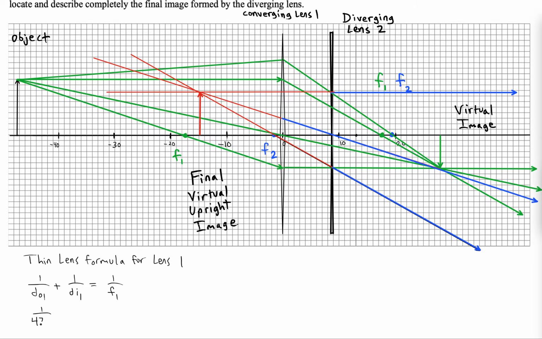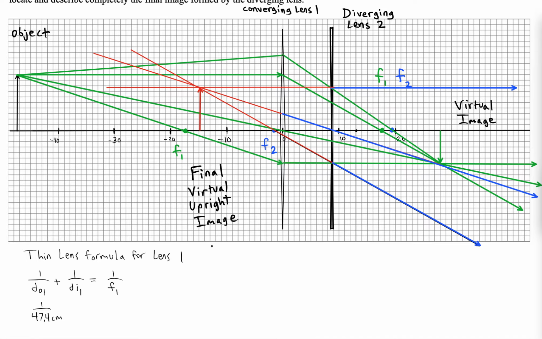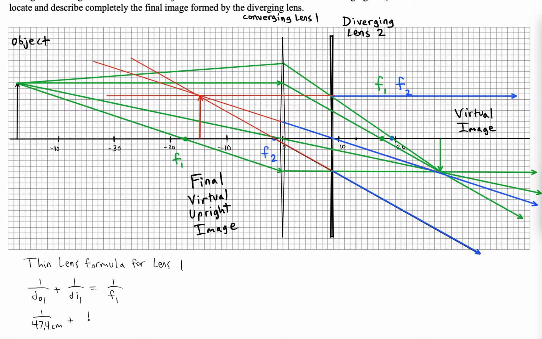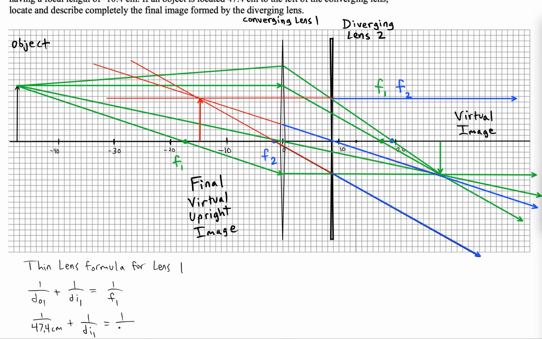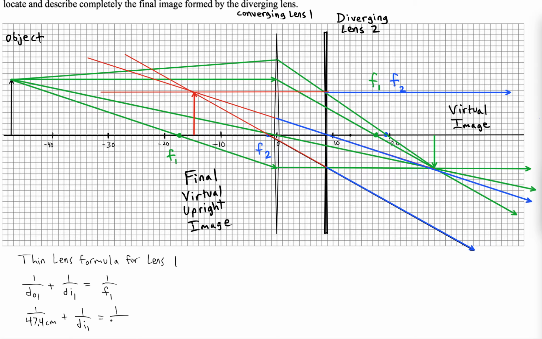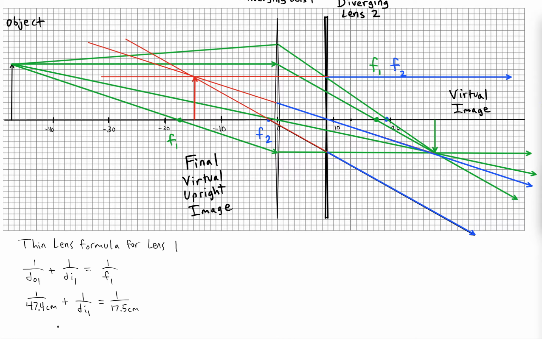They said it was 47.4 centimeters away from lens 1, and a focal length of 17.5 centimeters. The image location is 27.7 centimeters.